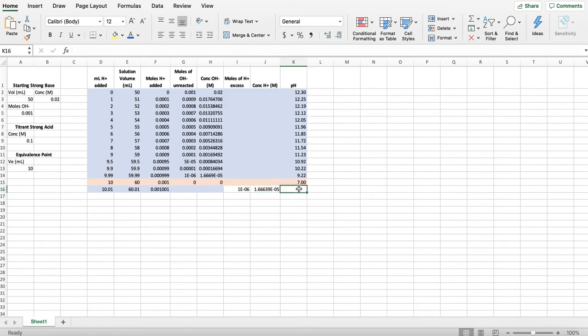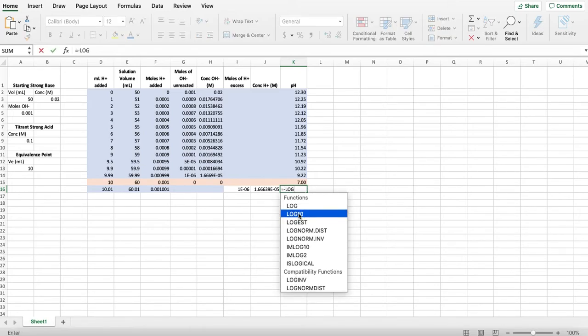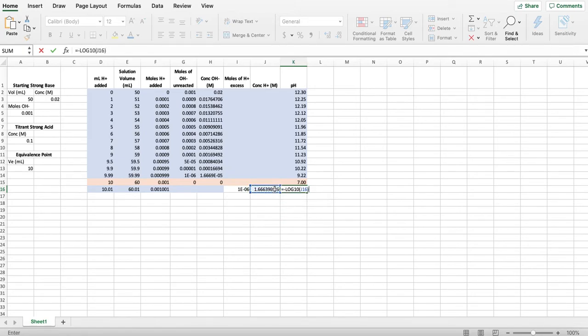Now if I want to get pH, pH will equal the negative log base 10 of the H plus concentration. We're at 4.78, and if we look at the table 10.1, that's what we would expect at 10.01 milliliters added.